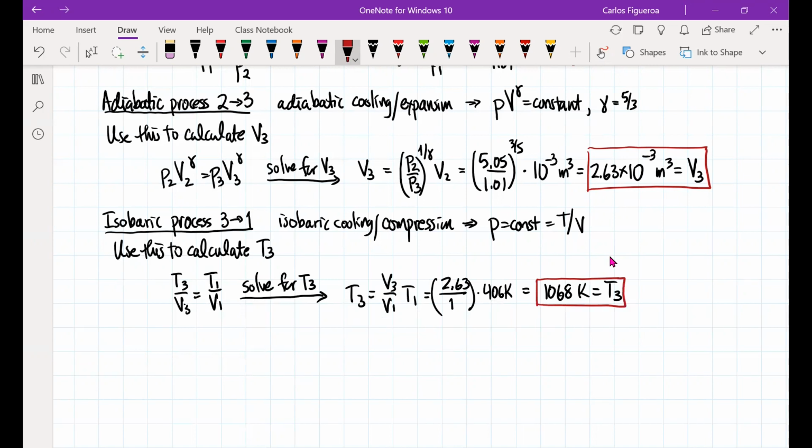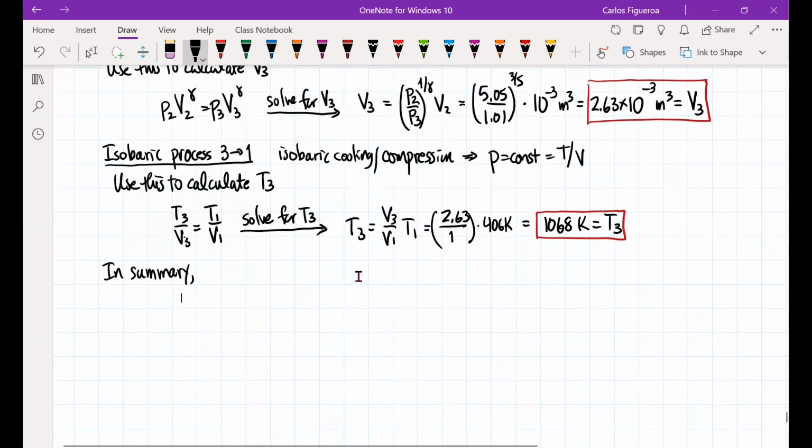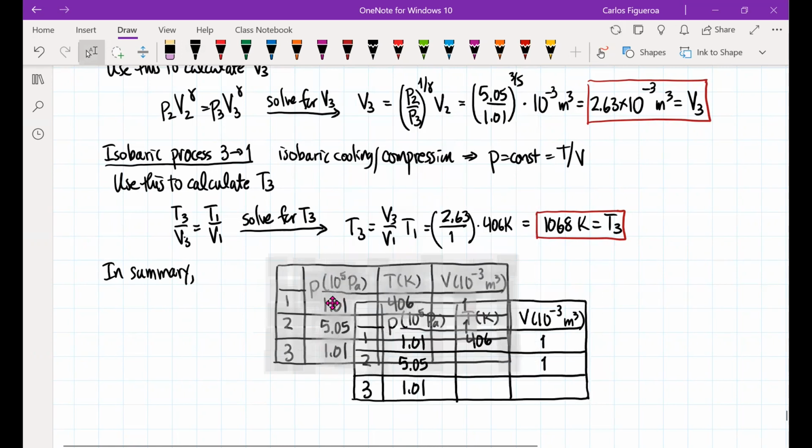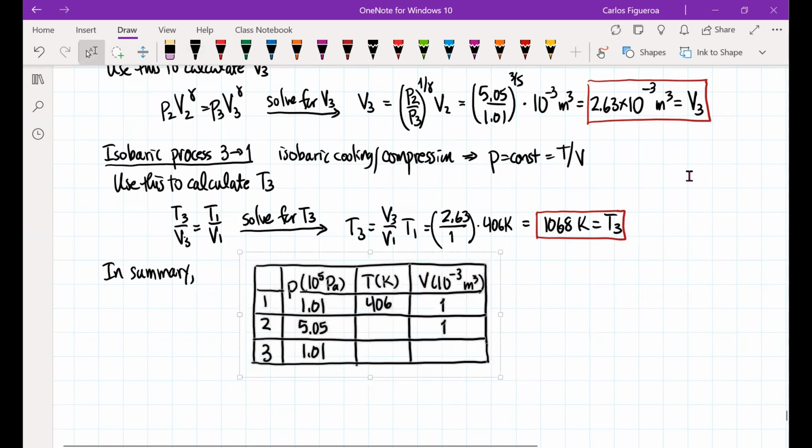So now I have my values. In summary, here's what we have. I believe I still have my table. If it ever comes up. There it is. So now I can put in my values here.